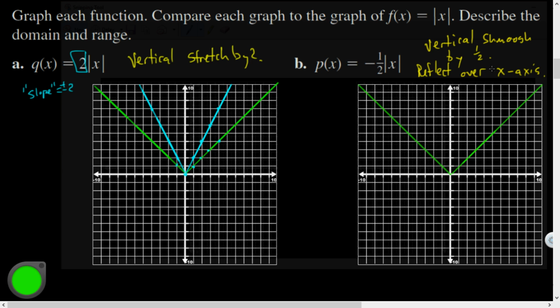So let's do a vertical smoosh by 1/2. So let's see, I'm gonna pick points that are divisible by 2. So the vertex, 0, 0, 1/2 of 0 is still 0. Here's 2, a y coordinate of 2, 1/2 of 2 is 1. Notice I didn't pick 1 because, yes, I could have plotted at 1/2, but let's just pick nice numbers.